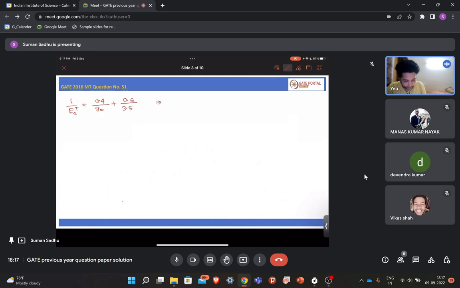So then what will be the elastic modulus? It will be 70 into 3.5 divided by 0.4 into 3.5 plus 0.6 into 70. Now if you calculate this one, you will get the elastic modulus in the transverse direction. Can anyone calculate and let me know the answer?